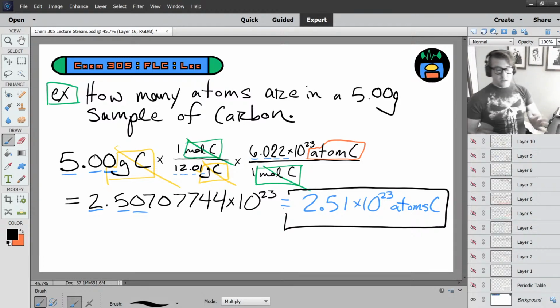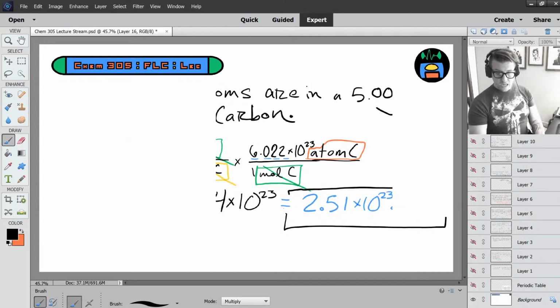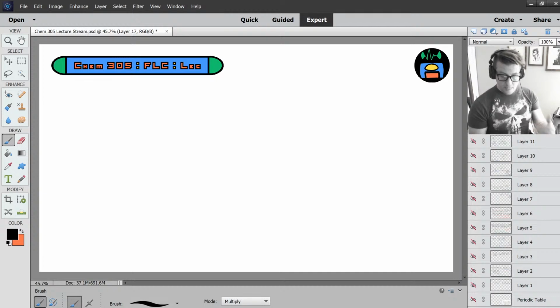All right, so the atomic mass and Avogadro's number allow us to take the mass of a sample of atoms and determine how many atoms are actually in that sample. We can't count atoms with our eyes, but we can use these two unit conversions and a mass to calculate how many atoms are in a sample.